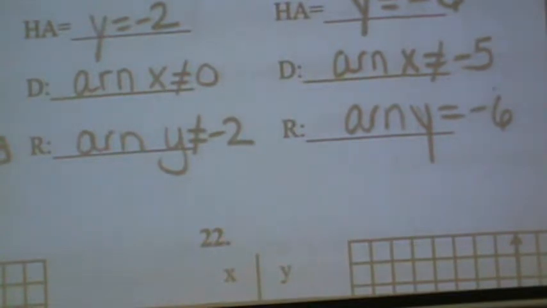Okay, now, do you have this graph right here? I want you right now to graph for me, I know it says 21, I want you to graph this problem. Make sure everyone can do this. I want the two asymptotes. Can you tell me what the two asymptotes are?